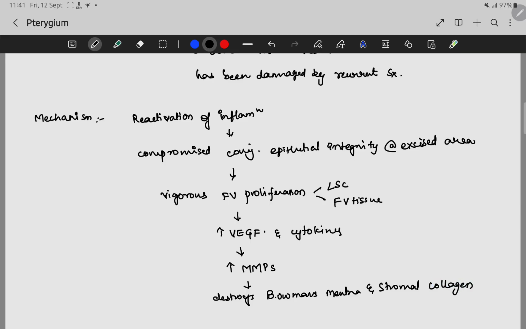Right, so this is the mechanism. Here the epithelial integrity is already lost due to excision in the previous surgery. Therefore, the proliferation in recurrent pterygium is very severe compared to primary pterygiums.